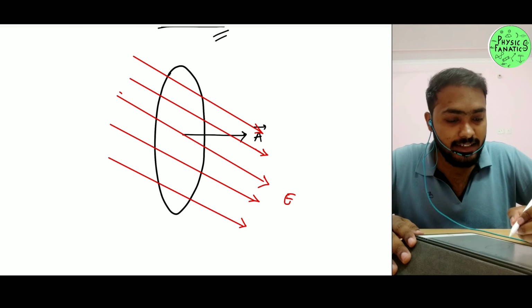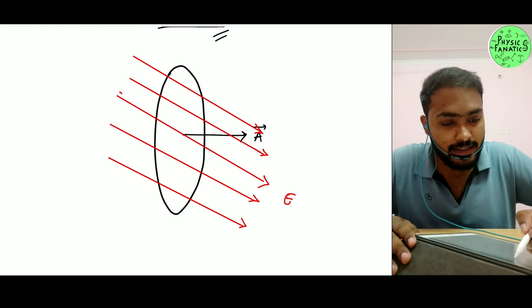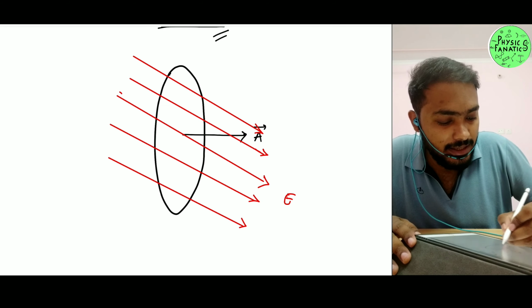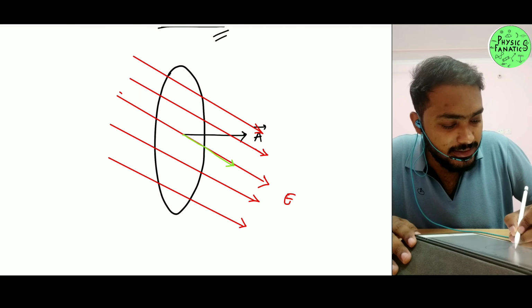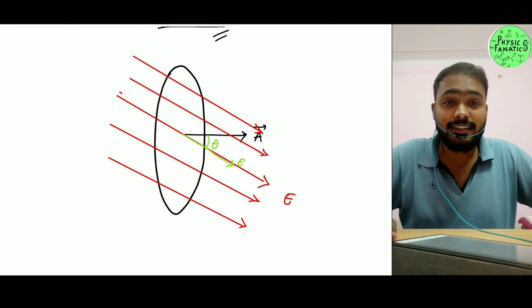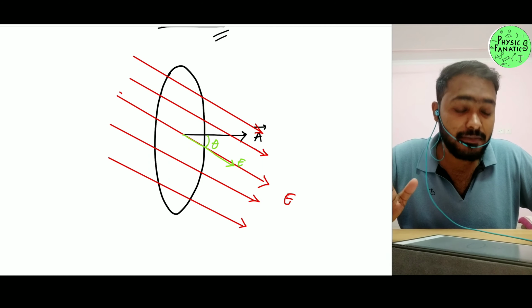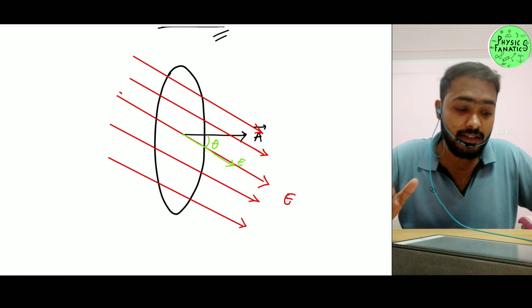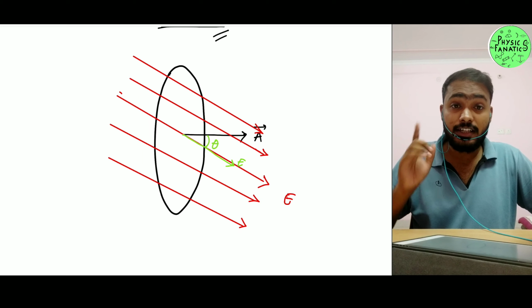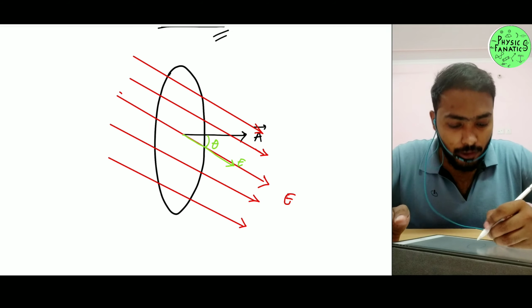Now I can see very nicely here that my electric field line is making an angle of theta degrees with the area vector. I hope you can see that, yes or no? It is making an angle of theta degrees with my area vector.